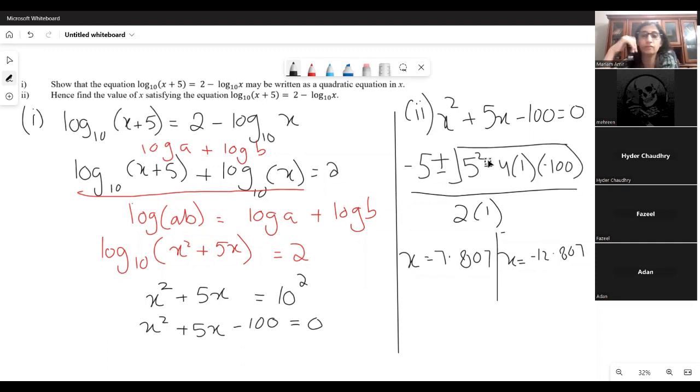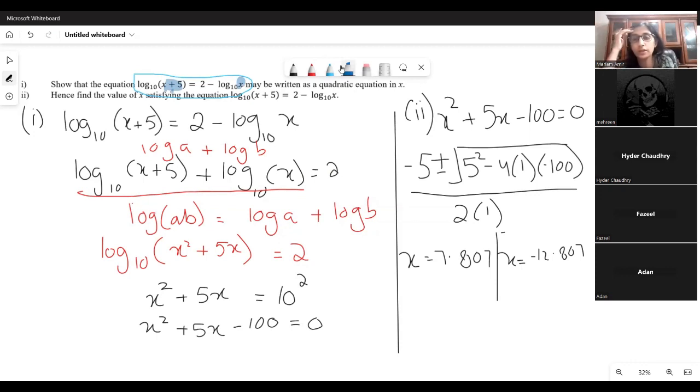So if x is 7.807 and we substitute it back, will any term inside the log be negative? No. x plus 5 will still be a positive value and x already is a positive value, 7.807. Now let's check minus 12.807. If x is negative, then the term inside the log, x plus 5, will also become negative, and the input of the log can never be negative.